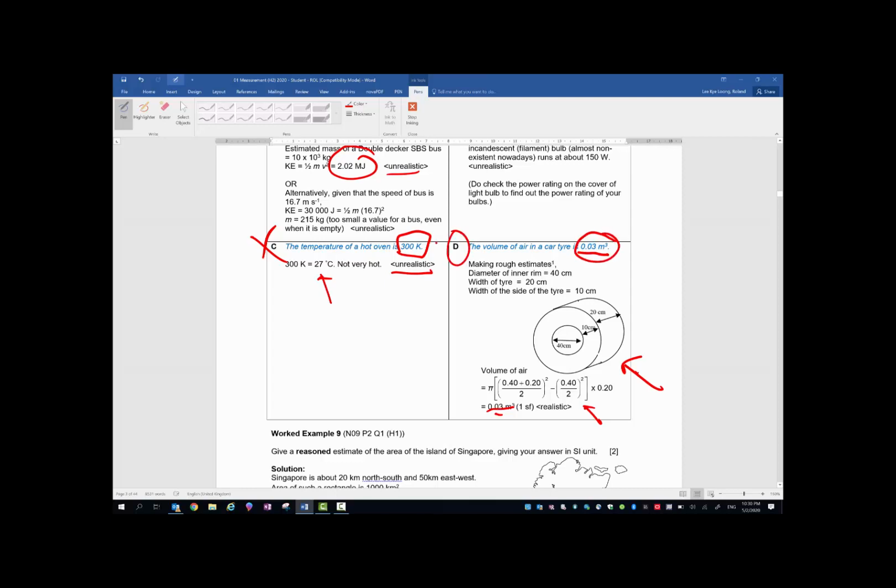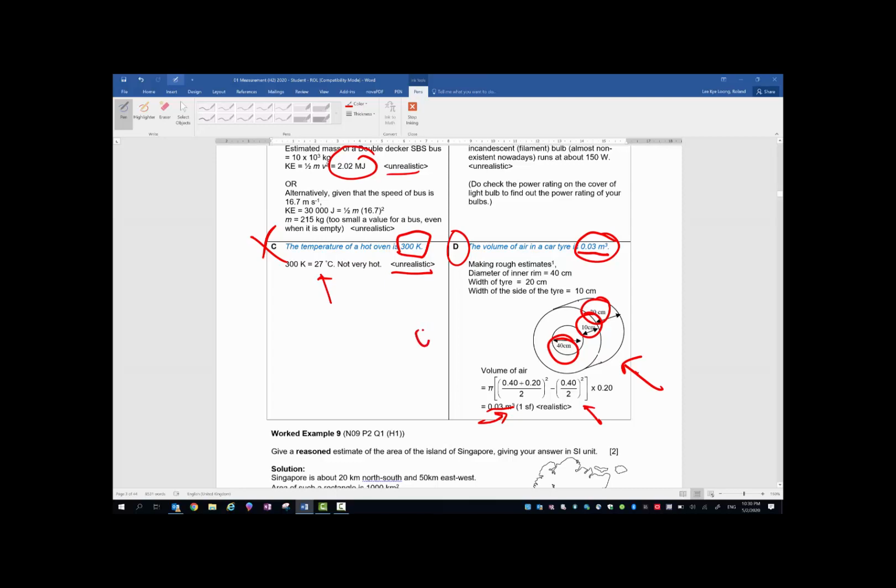So D is the answer. But if you look at these dimensions, you'll say, how would I know that the thickness of the tire is 10 cm? How would I know that the width is 20 cm? I don't even drive. I'm underage. I don't have a license. It doesn't matter. If you use different numbers, you probably get a different answer. You will not get 0.03, you get 0.02, 0.04, 0.05, so be it.